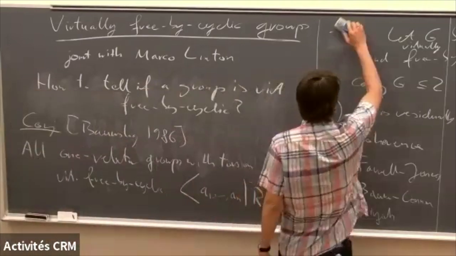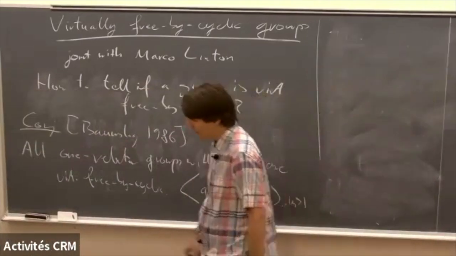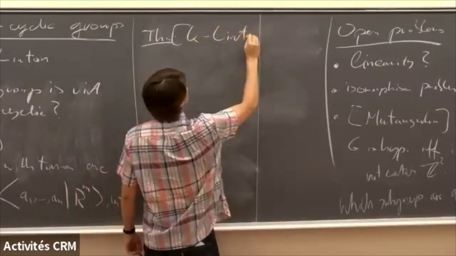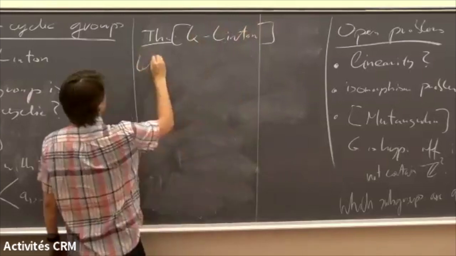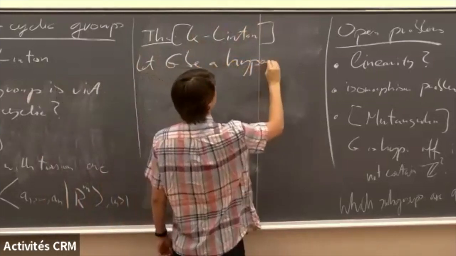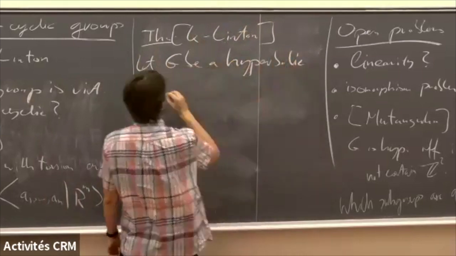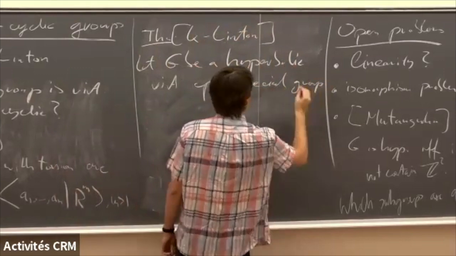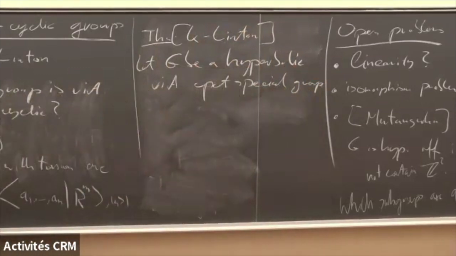Let me explain why. Here's the main theorem, by myself and Linton. Let G be a hyperbolic, virtually compact special group.